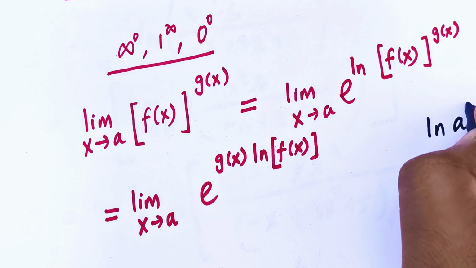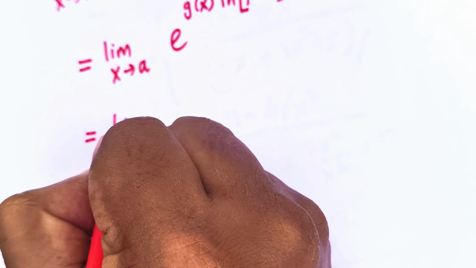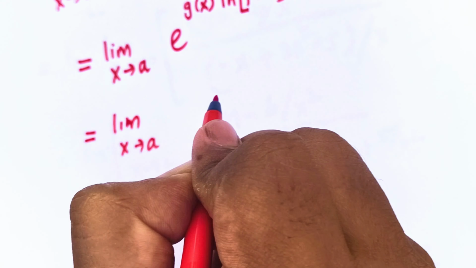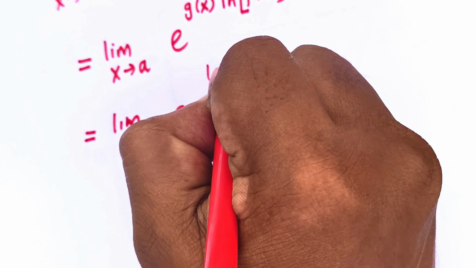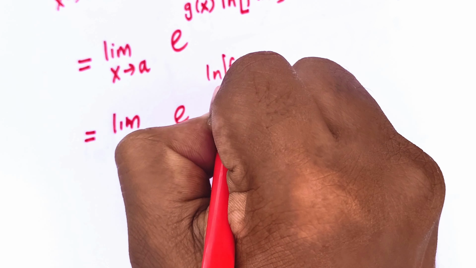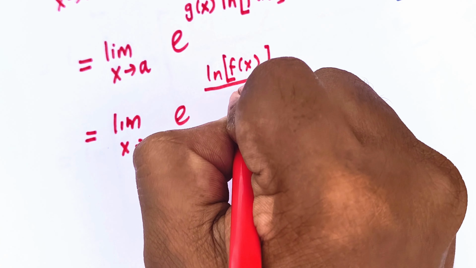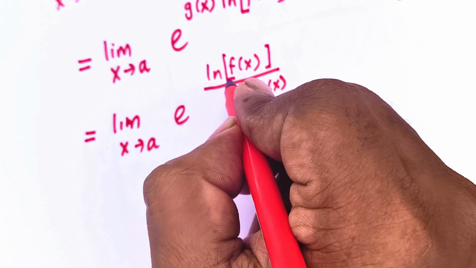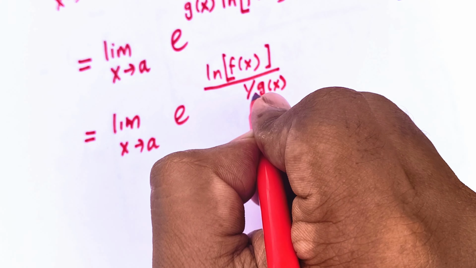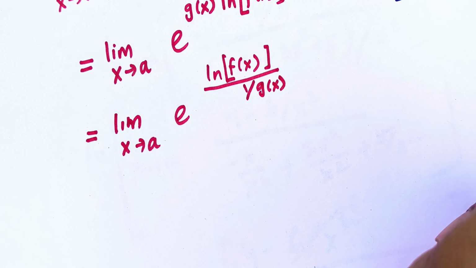Next, write this as the limit as x approaches a of e to the power ln f(x) over 1 over g(x). We can do so because this is just the reciprocal of 1 over g(x). So when you divide by a reciprocal, this is the same as g(x) times ln f(x).